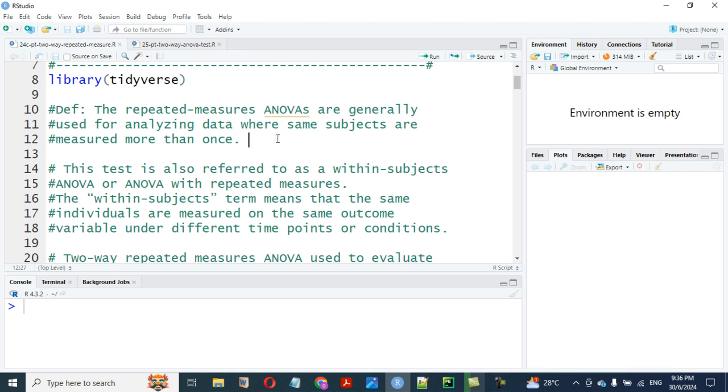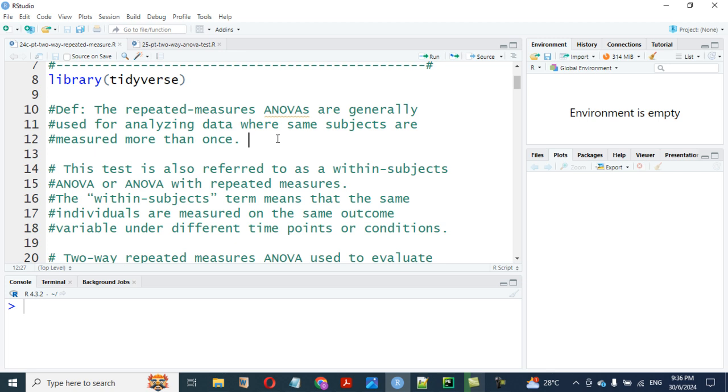So the repeated measures ANOVA is generally used for analyzing data where the same subjects are measured more than once. But that is just repeated measures ANOVA. I could have said more than twice, right? More than twice would have been better, because if it is more than once, you can just use a paired t-test. Period.